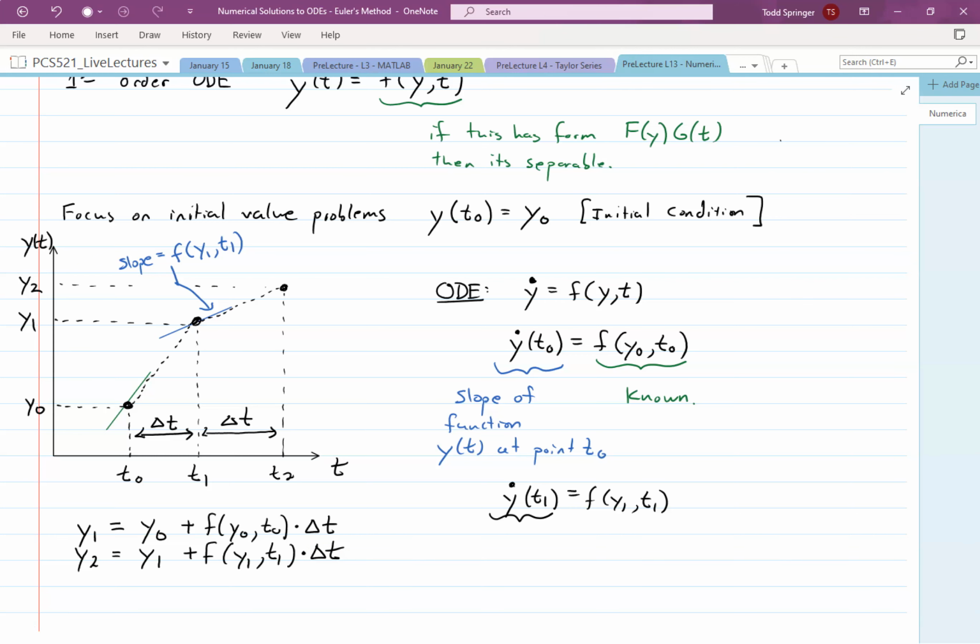I start at this first point, I figure out the slope there from the ODE, and I draw a line and go along that line for a little ways until I get to another point. And then I find the new slope, and then draw another line and go along that line for a bit until another point, and just keep doing this until I have enough points that I'm happy, okay? You can probably see a scheme emerging here.